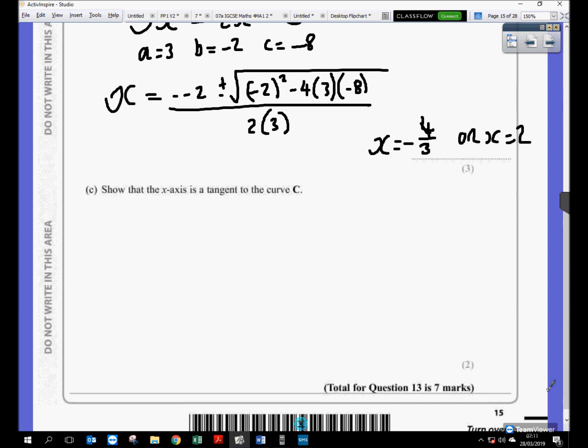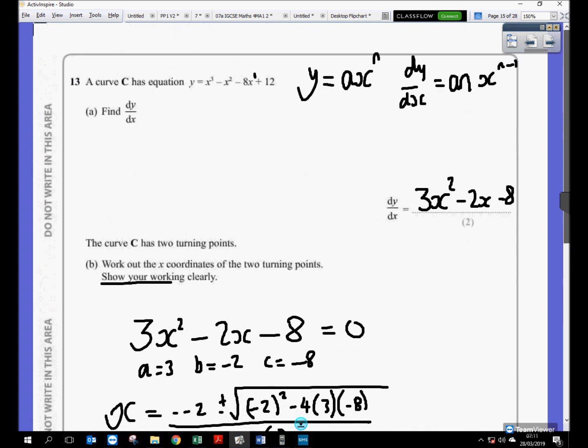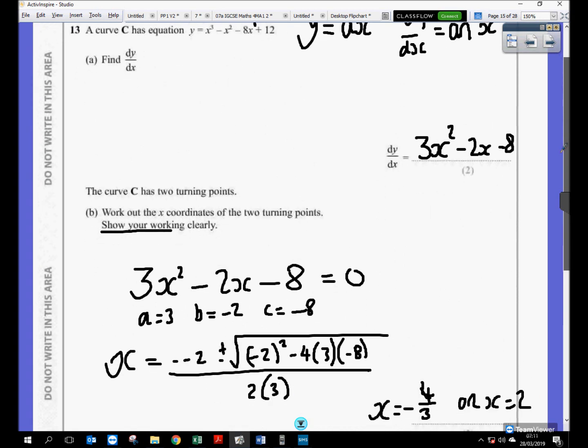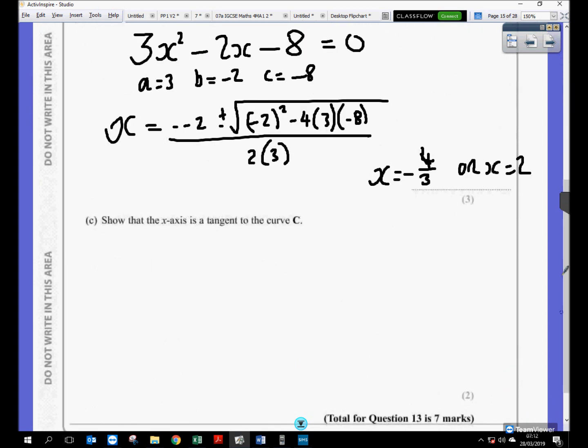The x-axis is a tangent to the curve. The curve C has 2 turning points.